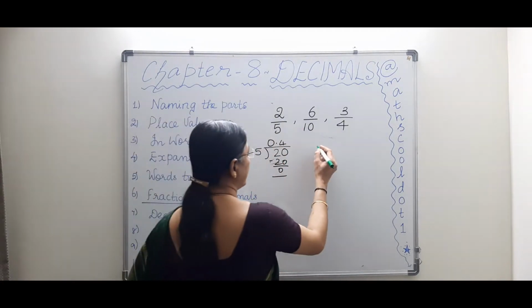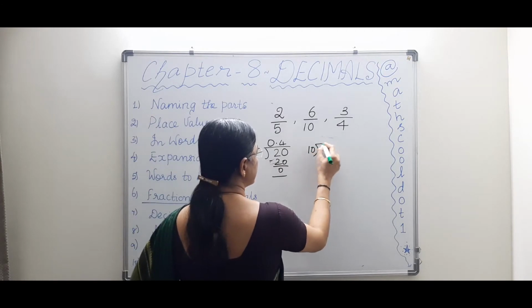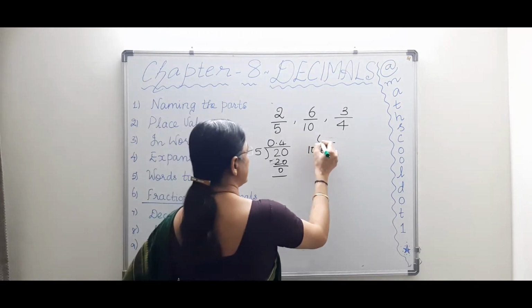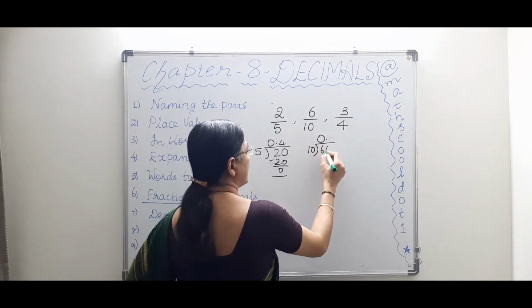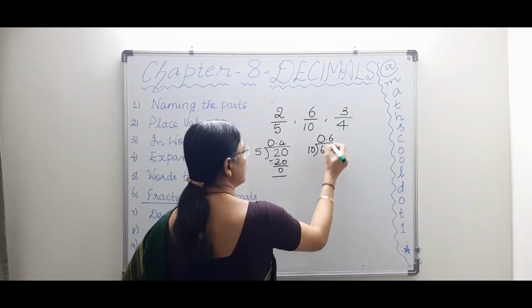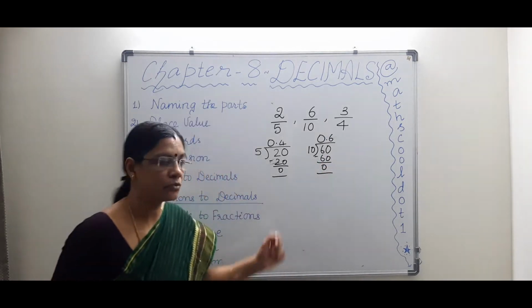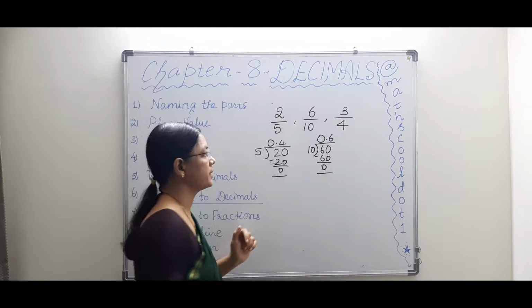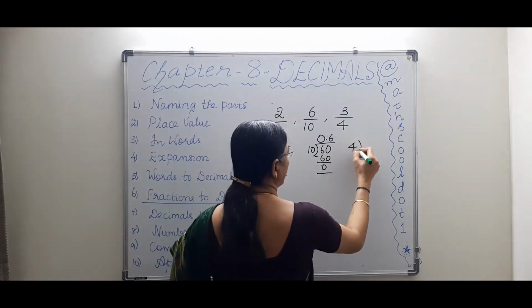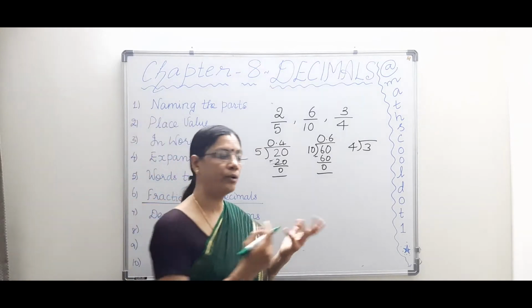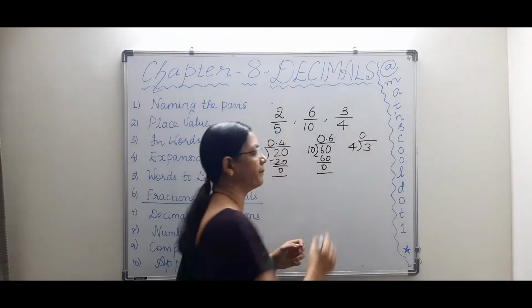In the same way, I divide 6 by 10. 6 is not divisible by 10, so I put a 0 here and then a point. I add 0. So 0.6 is my answer. For 6 by 10, it is 0.6. Now for 3 by 4, again 3 is not divisible by 4. So what should I do? I should put a 0 first and a point.